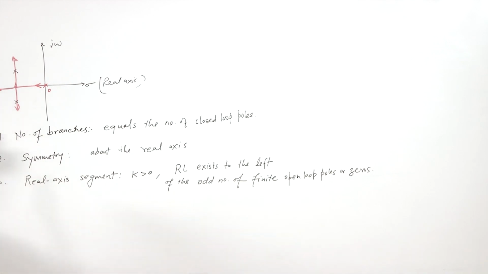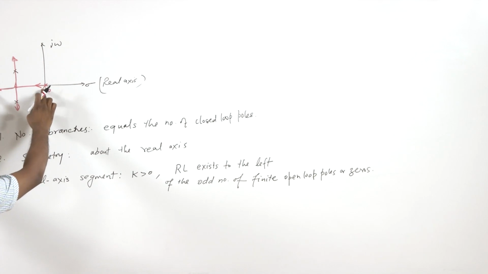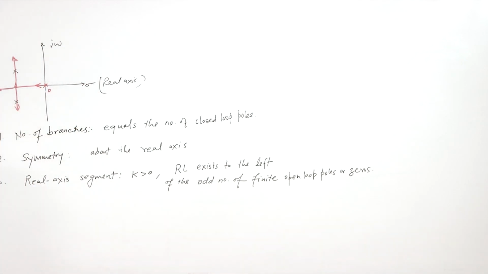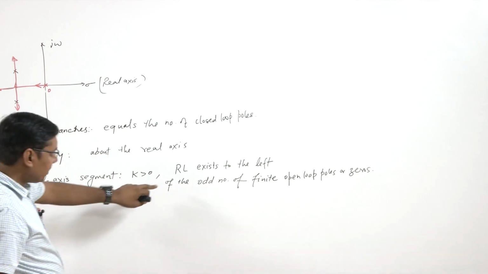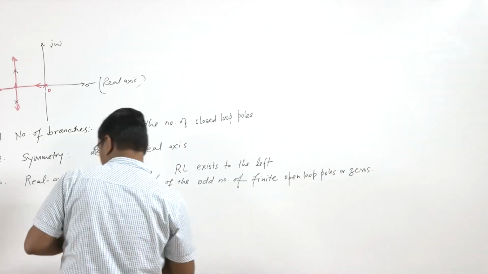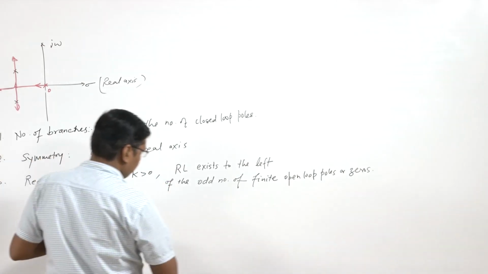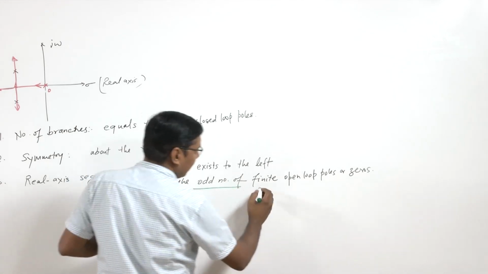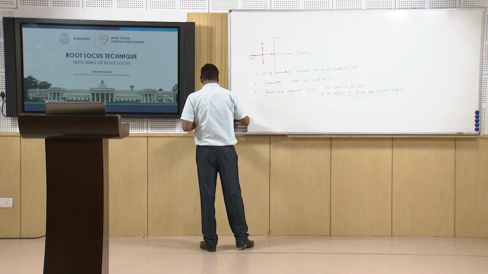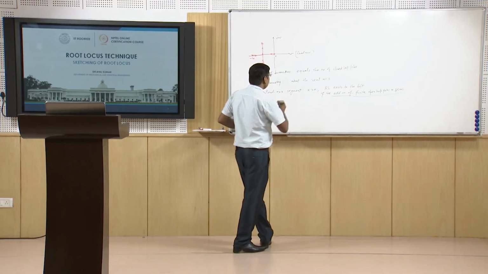Therefore the segment is only between these two points, not this side or this side. So that rule we are going to discuss, the real axis segment. We say that the root locus exists to the left of an odd number of finite poles or zeros. Why? Let's take one example here.